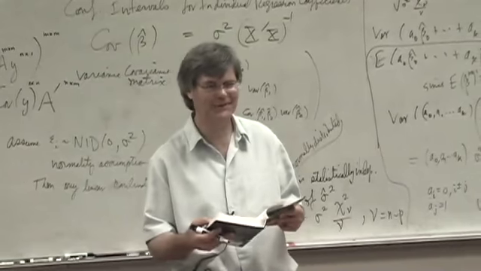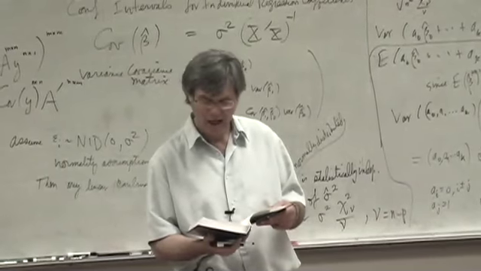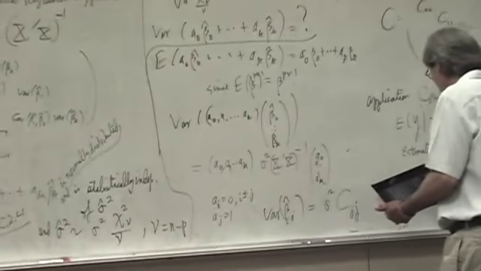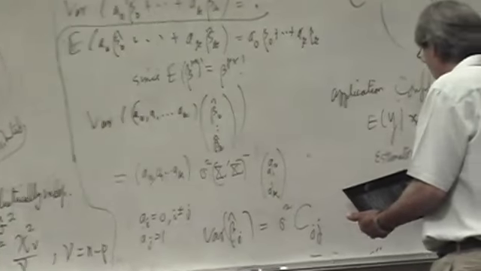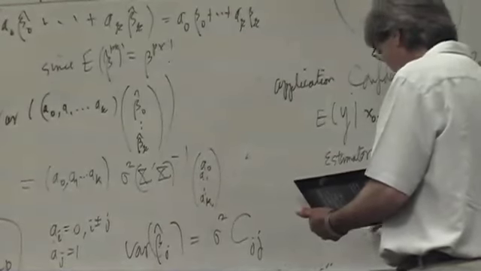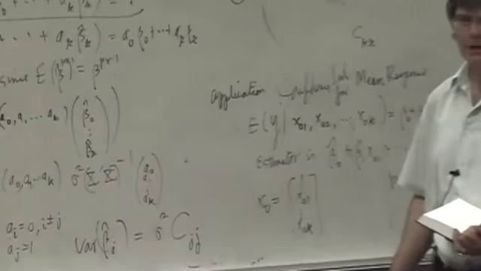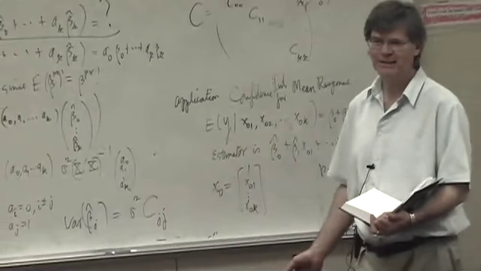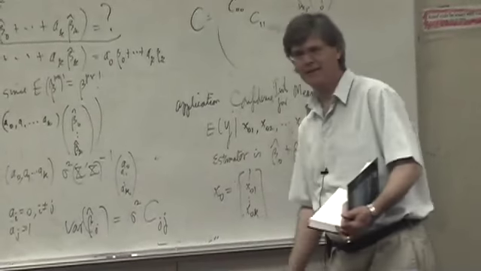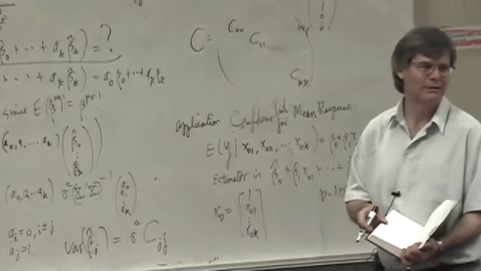He writes x0 as a column vector, x01 through x0k, whereas it should be a row vector. It should be a new row of the capital X matrix. He writes it as a column here for some terrible reason. Anyway, it's a mess as far as my notation would go.